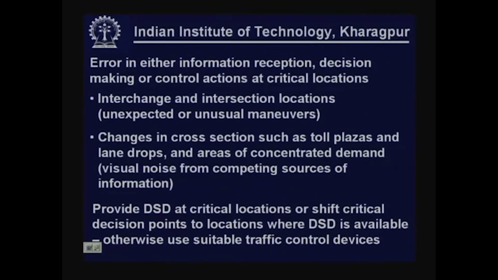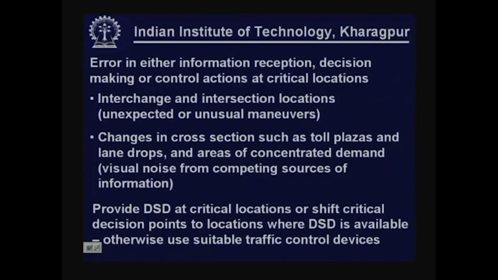Vehicles may come suddenly. Similarly, wherever there are changes in cross section, such as toll plazas and lane drops, and areas of concentrated demand, particularly in an urban environment, there could be visual noise from competing sources of information, from advertisements, from other lights, traffic lights. So, with competing sources of information, it may be difficult.